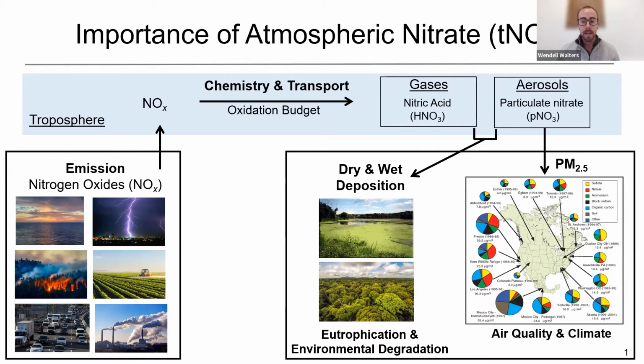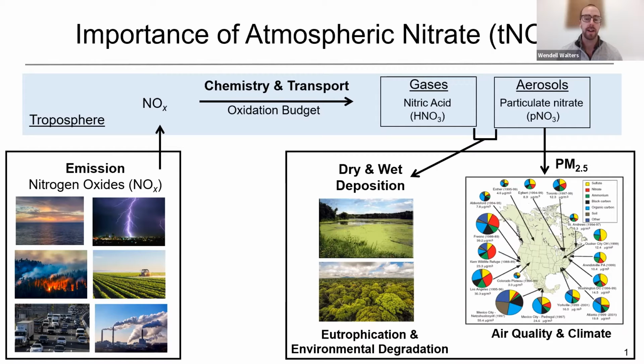NOx is then oxidized in the atmosphere, leading to the formation of gaseous nitric acid, as well as particulate nitrate that may be transported several hundred kilometers downwind from the original NOx emission source.